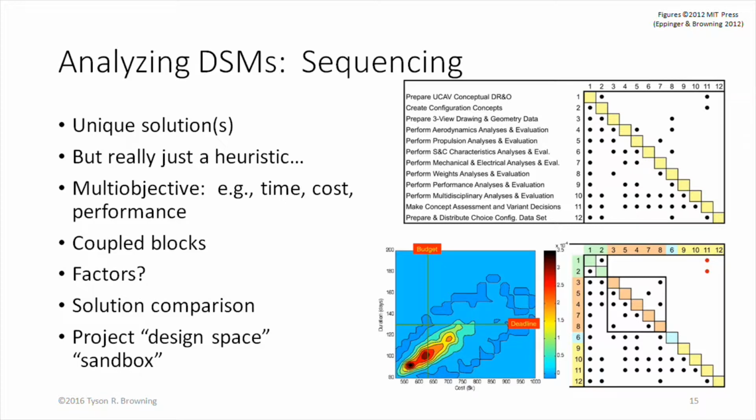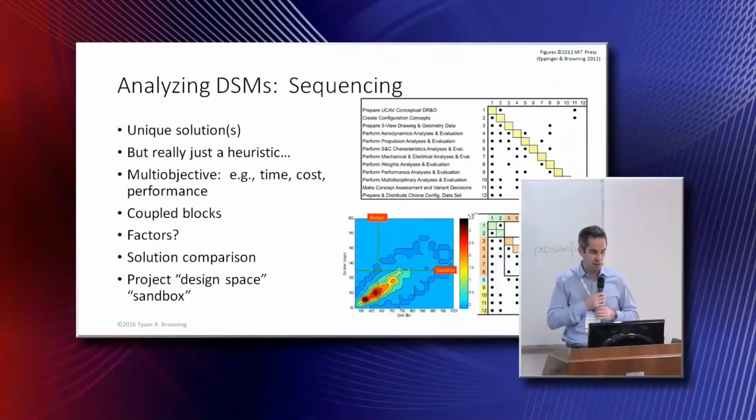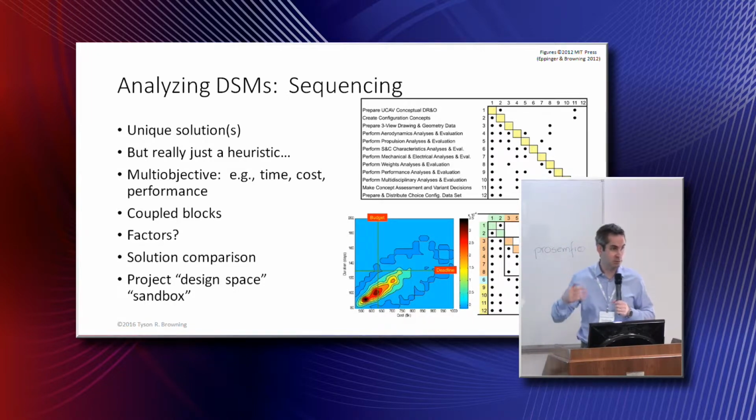So depending on the situation and the question, we need to go deeper than the top-level DSM models. Once again, the ideal tool here would give us a sandbox where we could play with the design space equivalent in the process world, call it the process space. What do different arrangements or architectures of activities and relationships imply for project duration, cost, and performance?